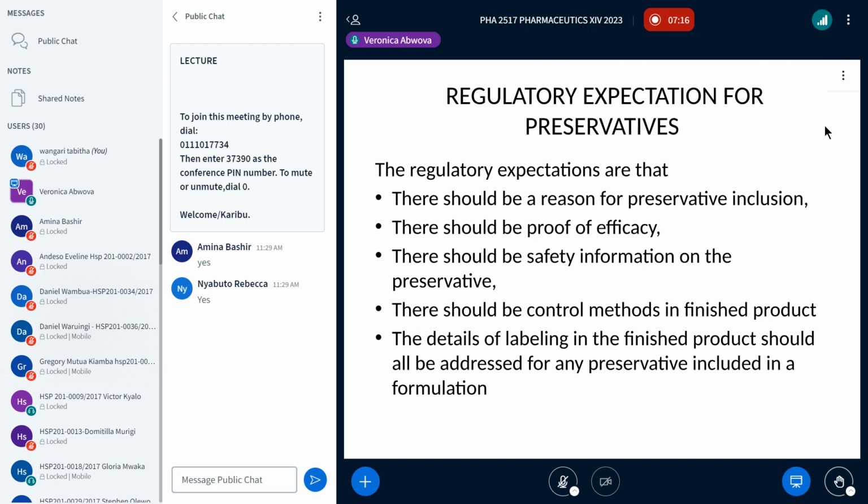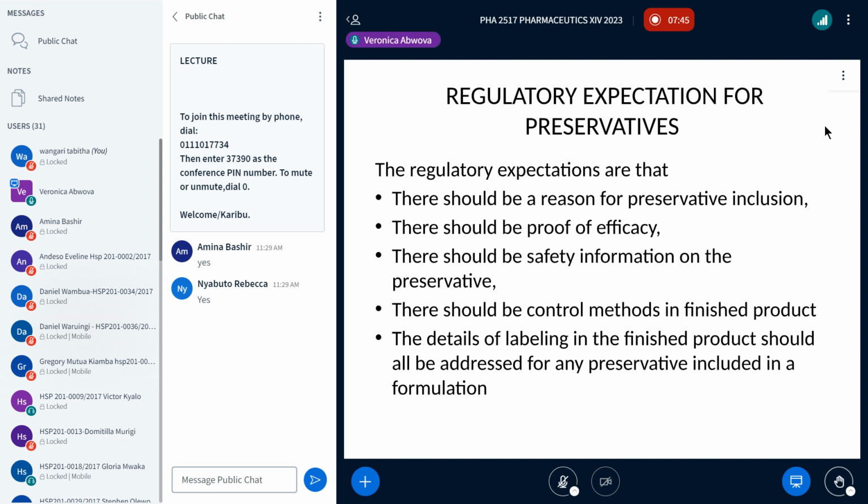There should be safety information on the preservative. There should be control methods in finished products and details of labeling. You must indicate that this product contains ABC, so that if you have a patient who is allergic to that preservative, they know not to use that product. Okay. But if they get harmed and yet you did not indicate the kind of preservative available there, then they can sue you.